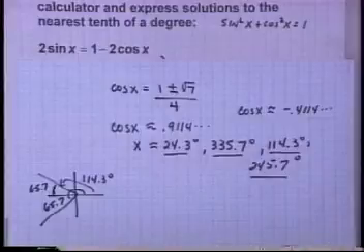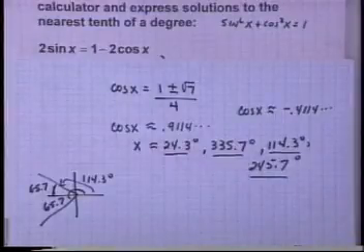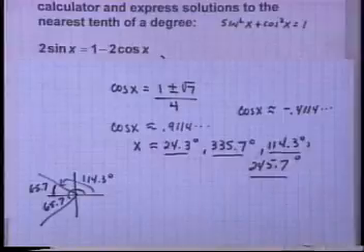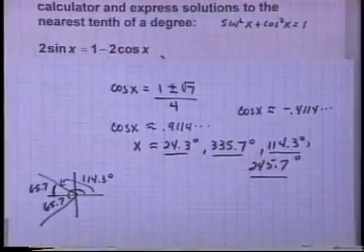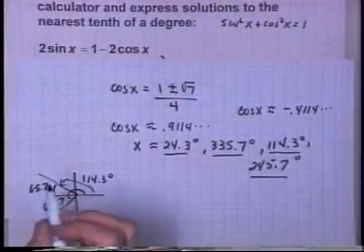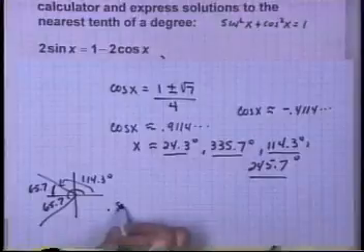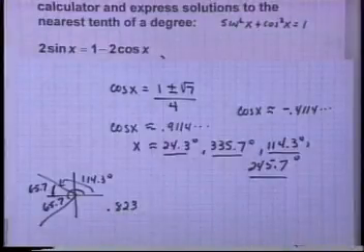Now we have rounded these values off. So we may not be exactly perfect here, but let's try something. Let's use this 24.3 degrees. 2 times the sine of 24.3 degrees gives me approximately 0.823, I'm going to say.